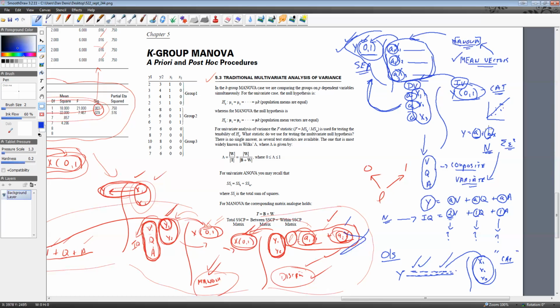But we can also understand it through mean vectors. You're going to have a mean here, a mean here, and a mean here on each one of those groups. So this particular group is going to have a mean vector, and the group coded 1 is going to have a mean vector.